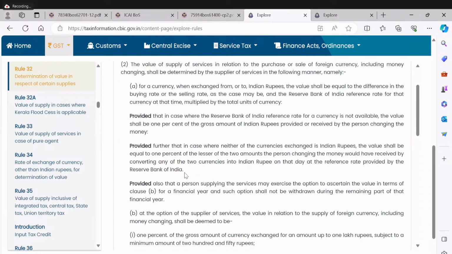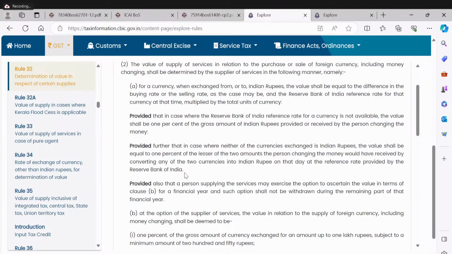So the first case is when foreign currency is being exchanged for Indian rupees, then the difference between the RBI reference rate and the actual buying and selling rate will be multiplied by the total units of the currency and we'll get the value. But in case the RBI reference rate is not available, then the next step would be 1% of the gross amount of Indian rupees which have been exchanged.